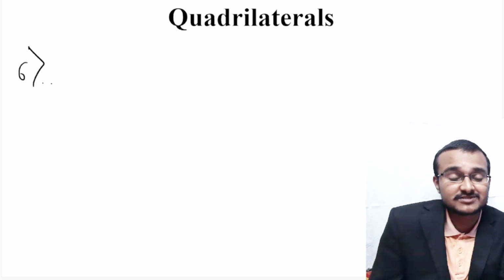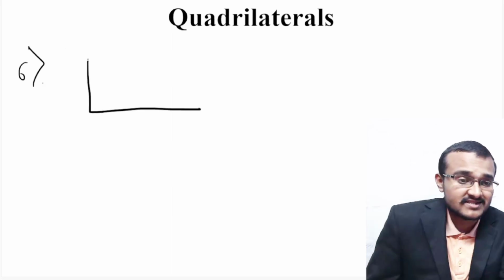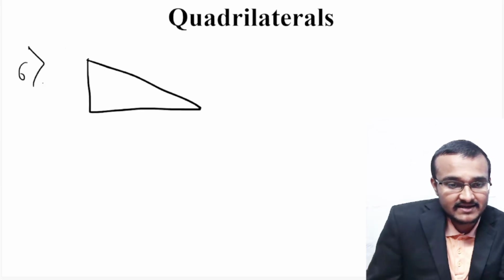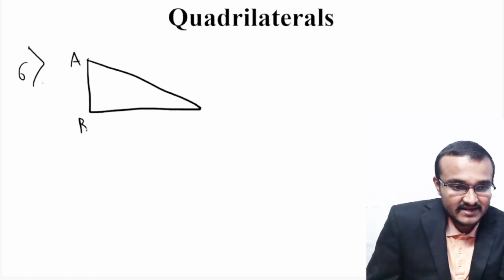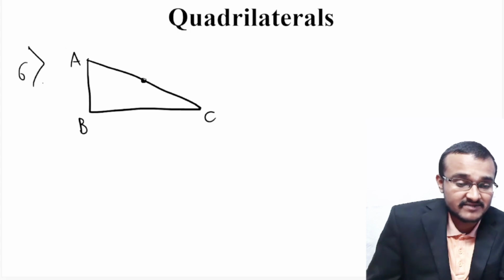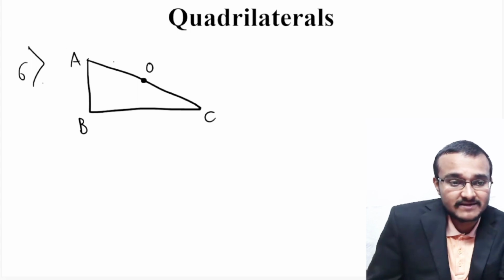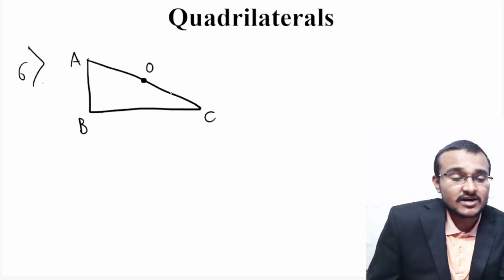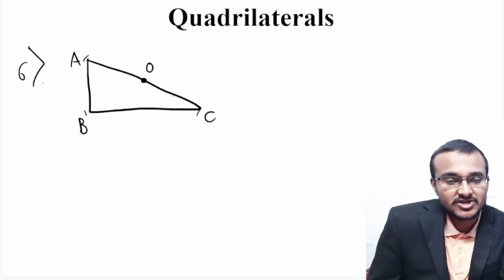Coming to the sixth question in this particular exercise. Here they have given a triangle ABC, and this point O is on the line segment AC. So this O is the midpoint of A and C. They have asked why this point O is equidistant from B, A and C. Here you can easily see O is the midpoint of AC.